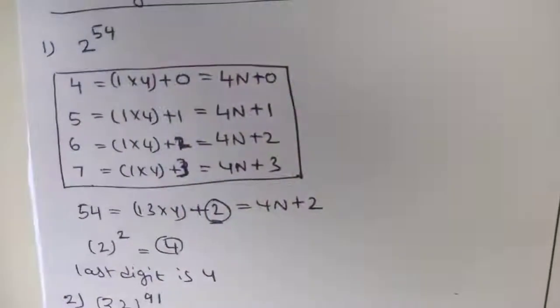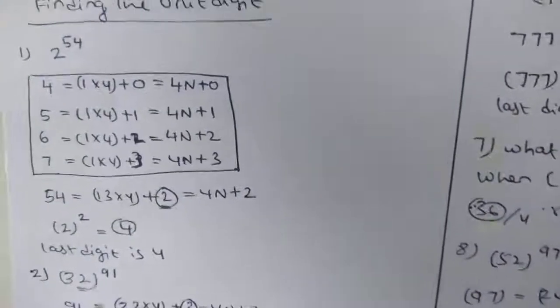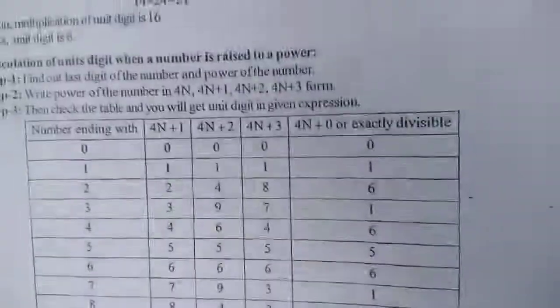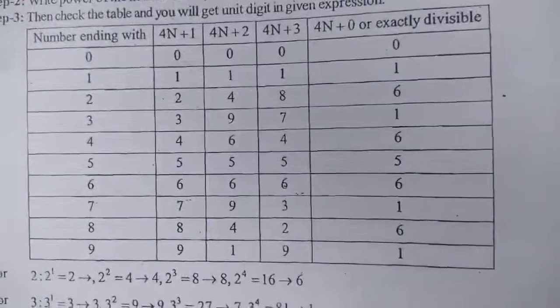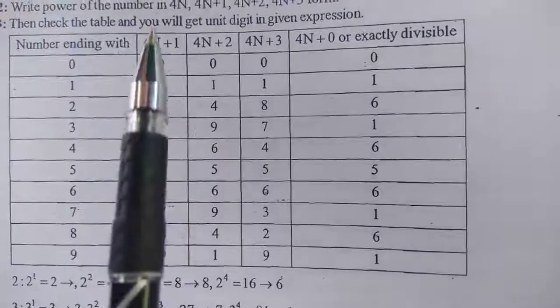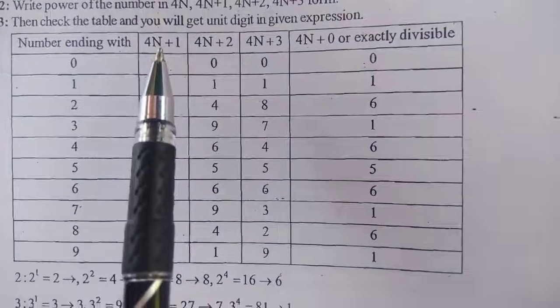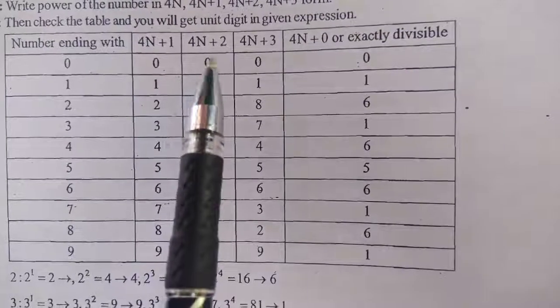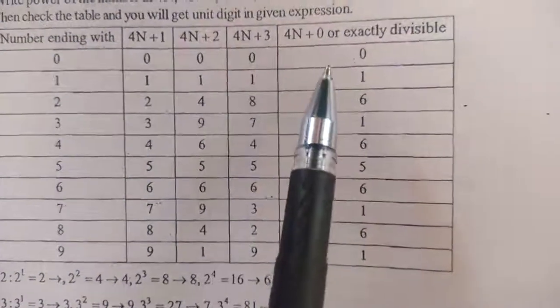And also I will show another format. You write down this format. See here, the number and the power having 4n plus 1, 4n plus 2, 4n plus 3, 4n plus 0.